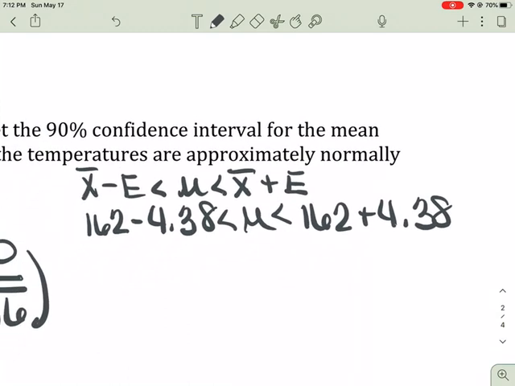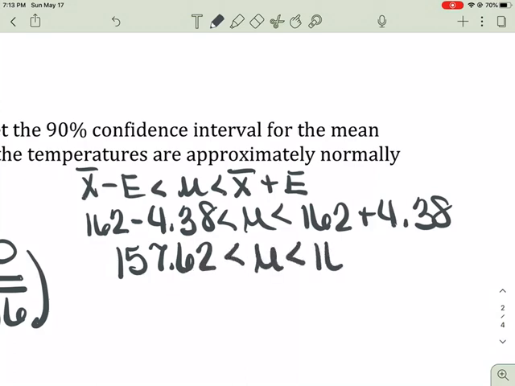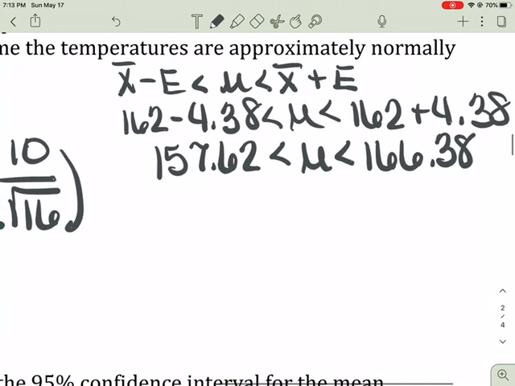All right, so our interval is 157.62 less than mu less than 166.38.